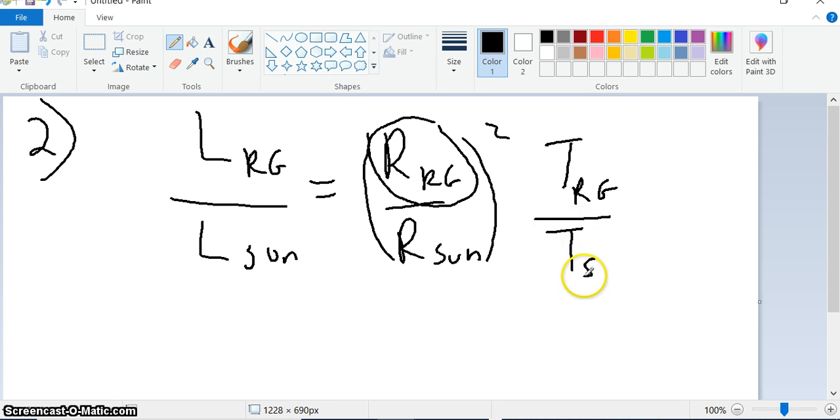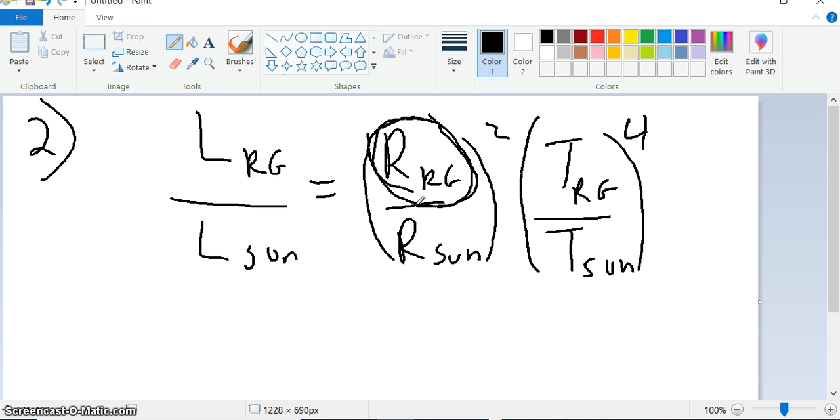This time, since they told us in the problem that the temperature of the red giant was half that of the sun, we're going to use the temperature of the sun as 6,000 Kelvin. This is to the 4th power. We just have to rearrange this equation and solve for what I circled right here, the radius of the red giant.